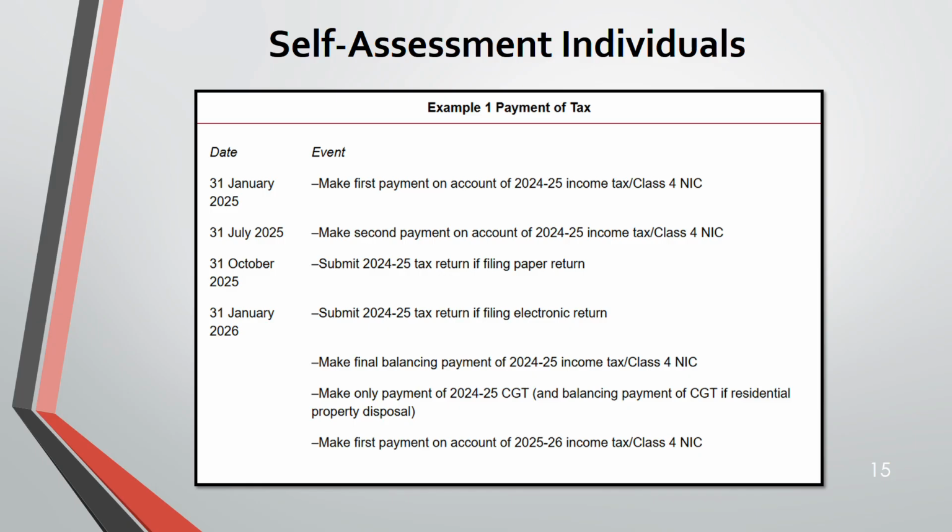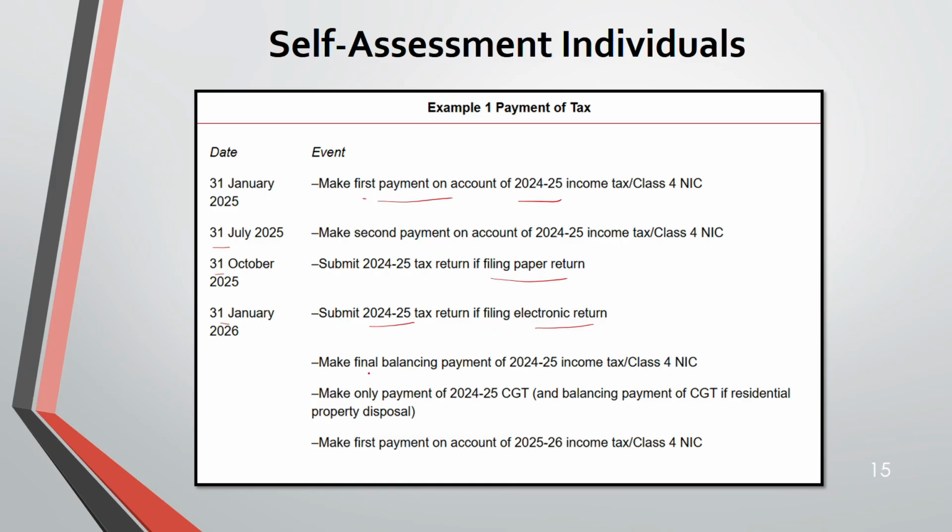Now, example 1. Here we have some dates and some events. Let us see. 31st Jan 2025, for 24-25, this is your first payment on account. It includes both income tax and class 4 NIC. Second, 31st July, second payment. 31st October, this is when you are submitting the tax return if filing a paper return. And 31st Jan, submitting the tax return if filing electronically.